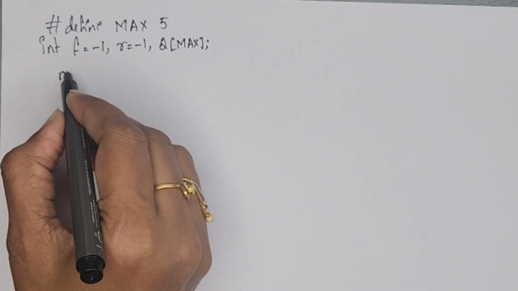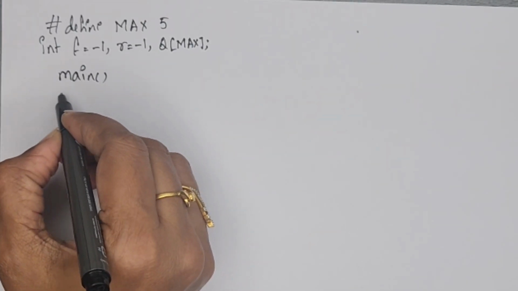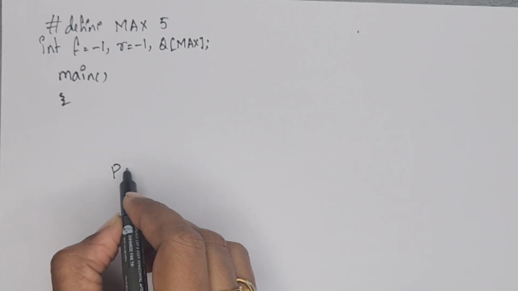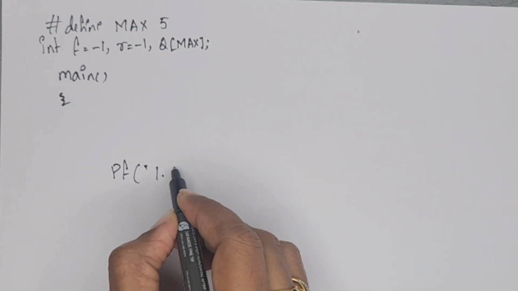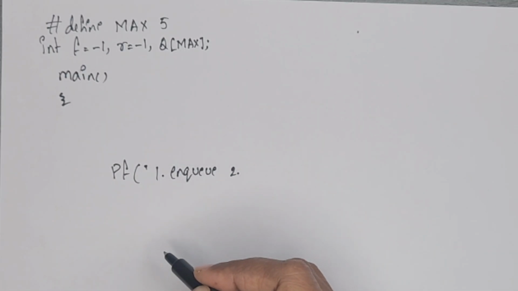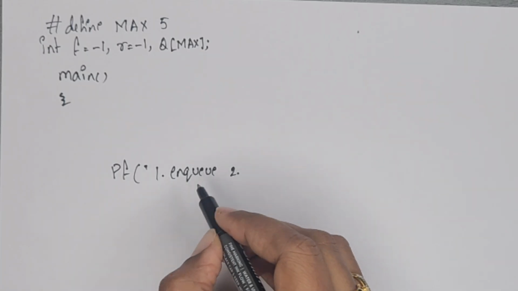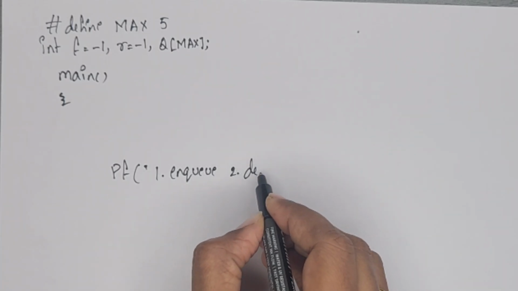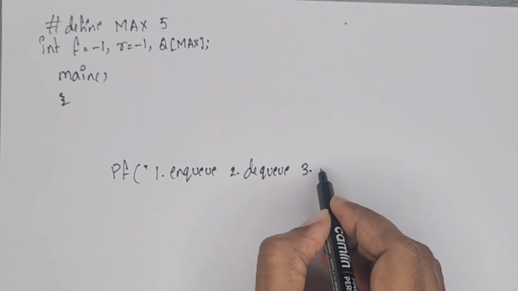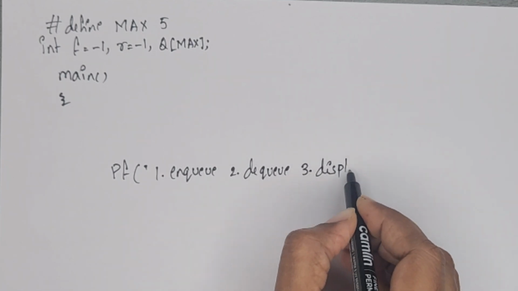Next, the main function. In main, first I'm going to display one menu. Printf 1 means NQ: you call the NQ function, which will insert the element. Next one is DQ: if you want to remove, simply call the DQ function. Then the display function.